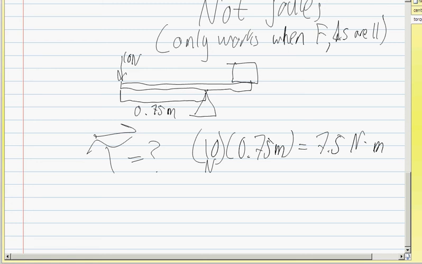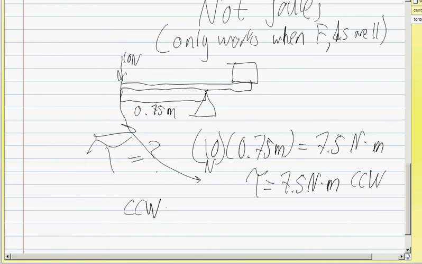Now, again, it's a vector, so we usually state a direction. The direction in this case, if I extended this over and this could keep going, it would go in a counterclockwise direction. So when we label torque, we usually label it as counterclockwise. There's actually a rule about this, that counterclockwise is positive and clockwise is negative.